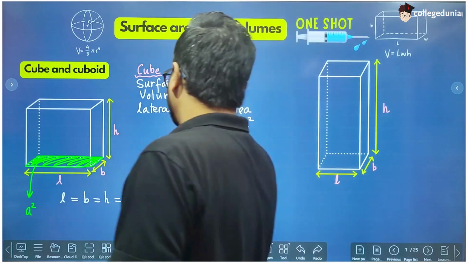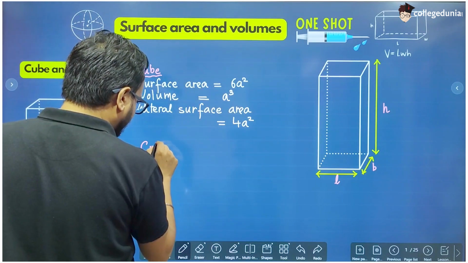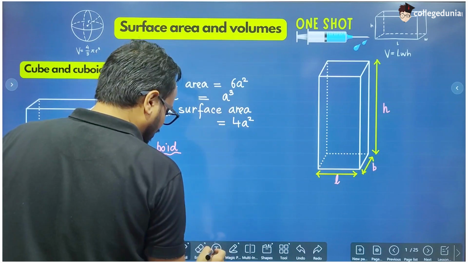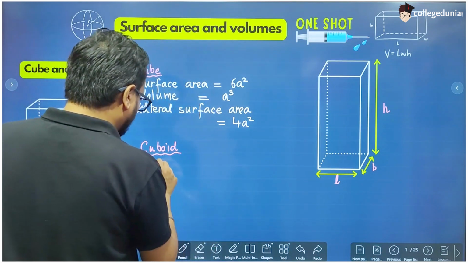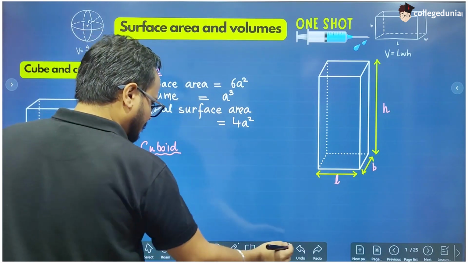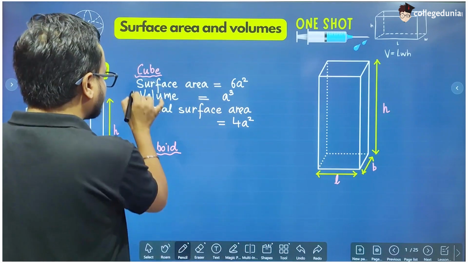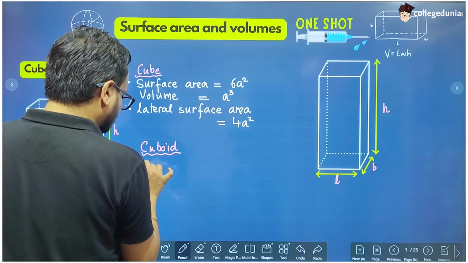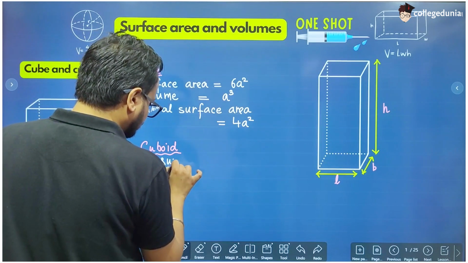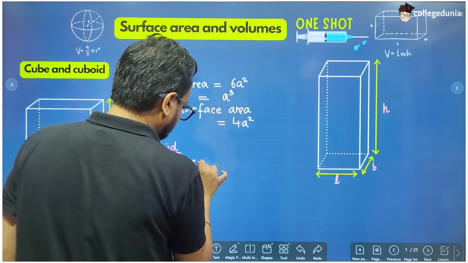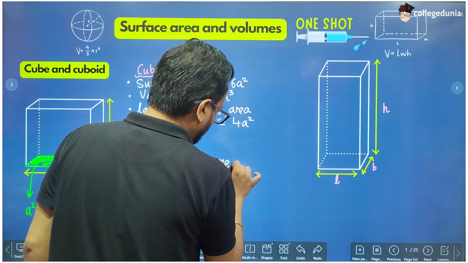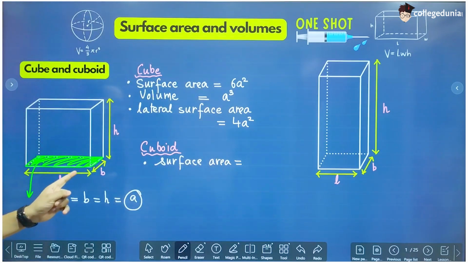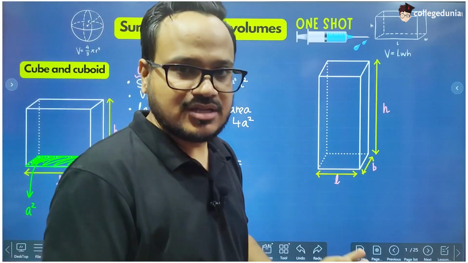Now what is the surface area of cuboid? This cuboid also has 6 faces like cube, but the area of all the 6 faces is different.